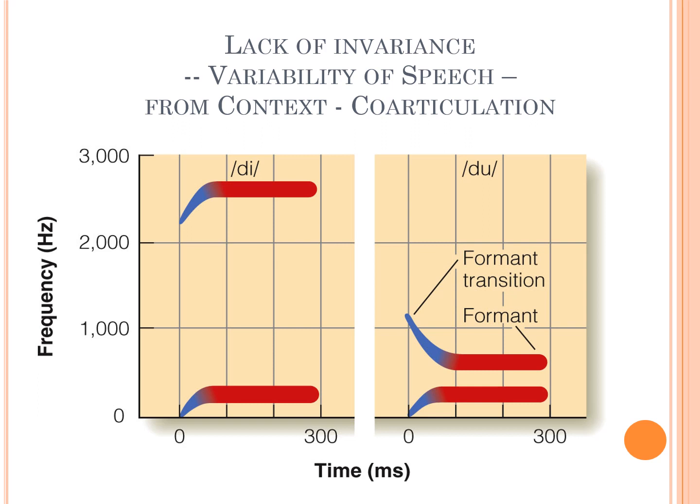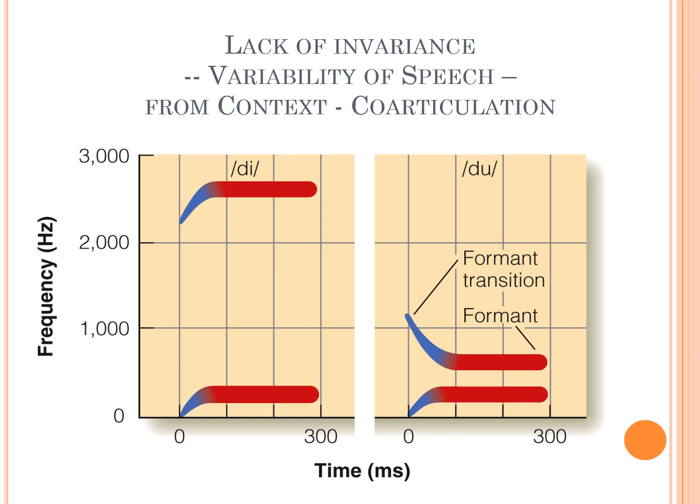And here's an example of that formant transition, the d sound in di and do. The lowest formant transition is very similar, but when we get up to the higher one, in di, because those formants are higher, that formant transition goes from about 2400 hertz to about 2800 hertz.